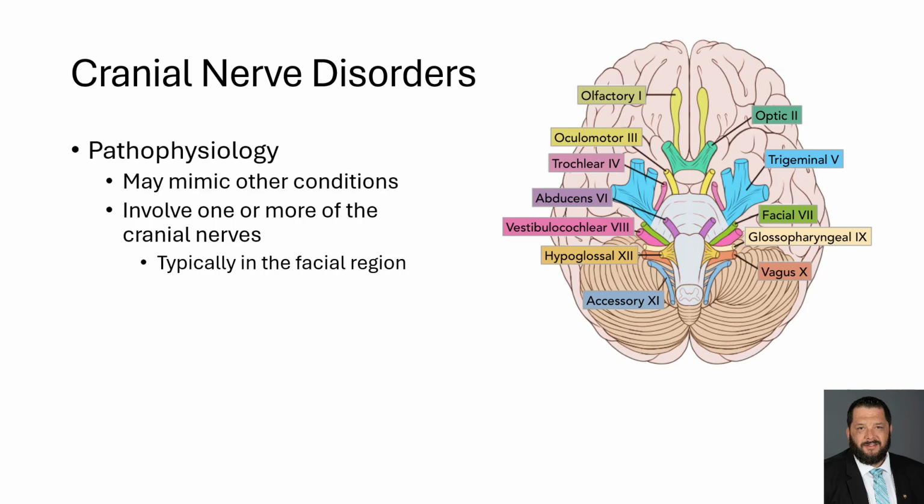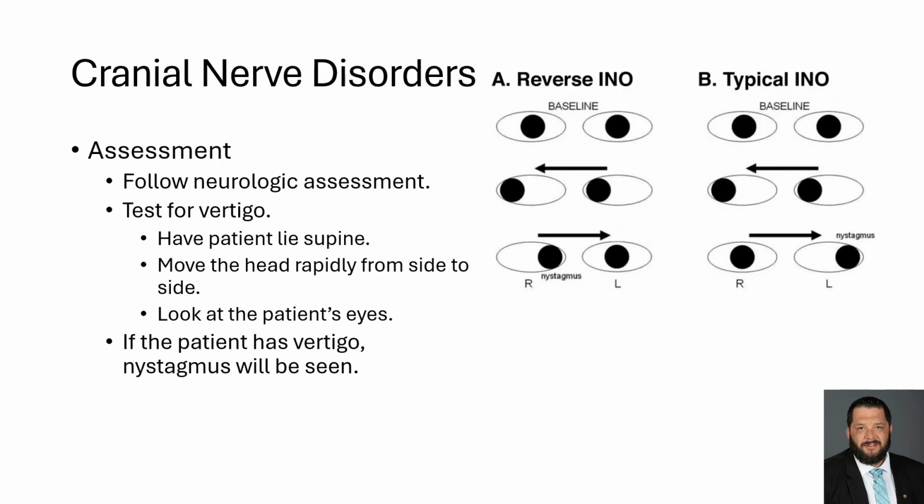The hypoglossal is 12. And another common nerve that you'll hear is the vagus nerve, which is cranial nerve number 10. Most of these cranial nerves do innervate the facial region, and so when we see cranial nerve disorders, they will most commonly exhibit symptoms within the face and the head.